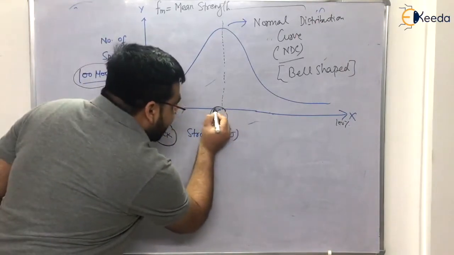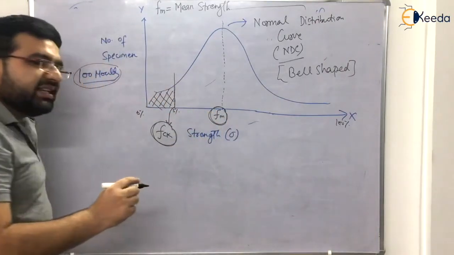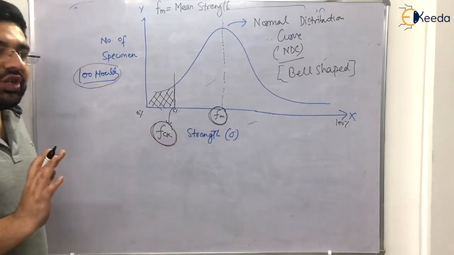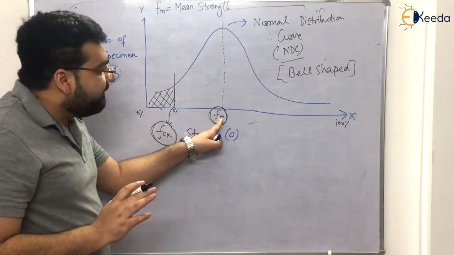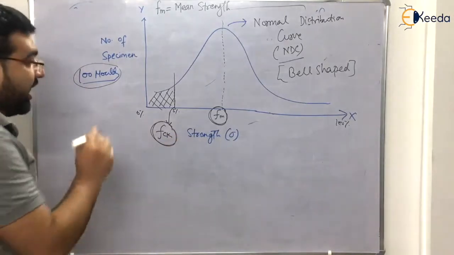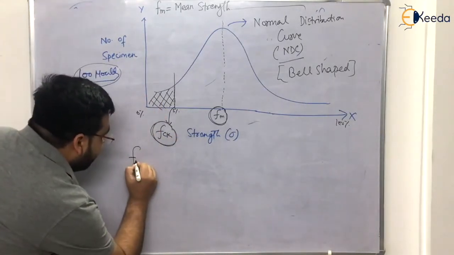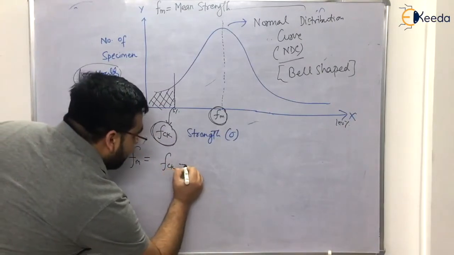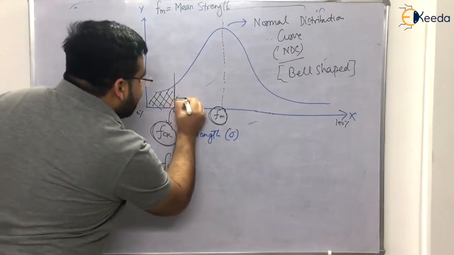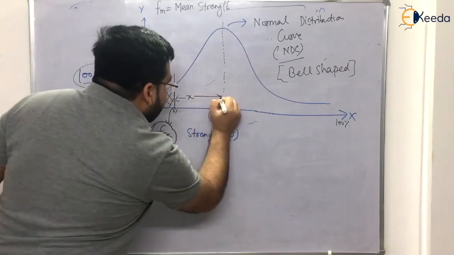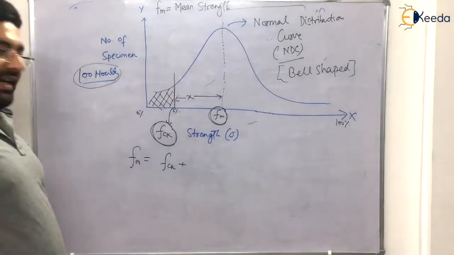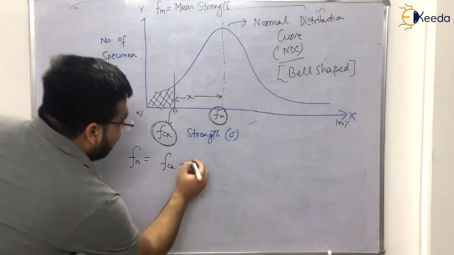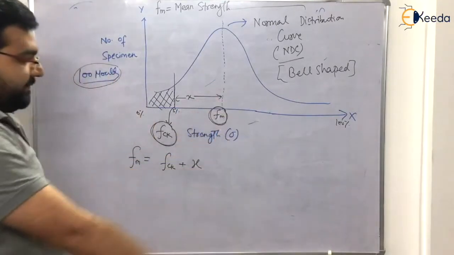This is mean strength. Now this is a primary class question. If you want to calculate Fm from Fck, what you have to do? I know that Fm will be equal to Fck plus this distance, let us say this is x. Fck plus x.